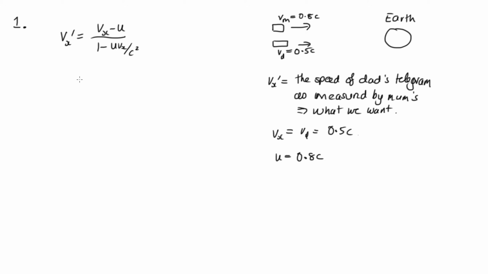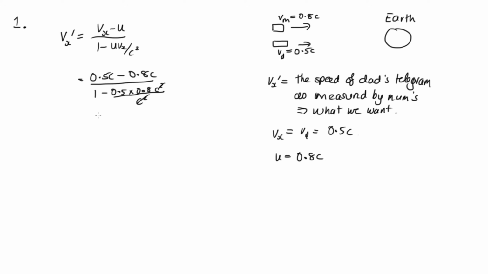So now we just need to put it in. Okay, so Vx, that was 0.5 c, minus u, which is 0.8 c, over 1 minus 0.5 times 0.8 c squared, because they're both c, so c times c squared, over c squared.